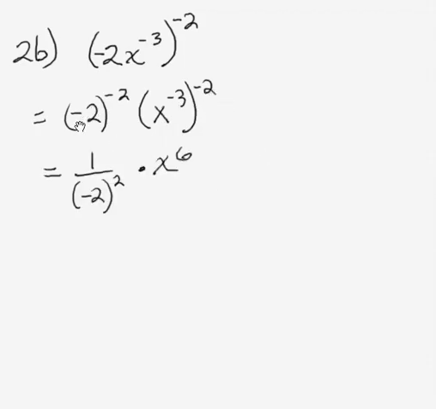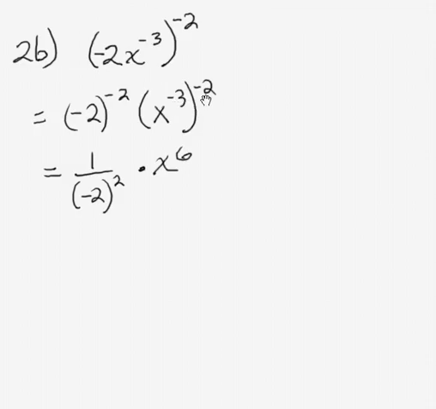As we continue, that's going to be 1 over negative 2 to the positive second power, as this negative exponent says take the reciprocal. So it's 1 over negative 2, and now it's quantity to the positive 2 power. And here, when you have a base raised to a power, and that in turn is raised to another power, whether they're positive or negative, the law of exponents still holds. You multiply them.